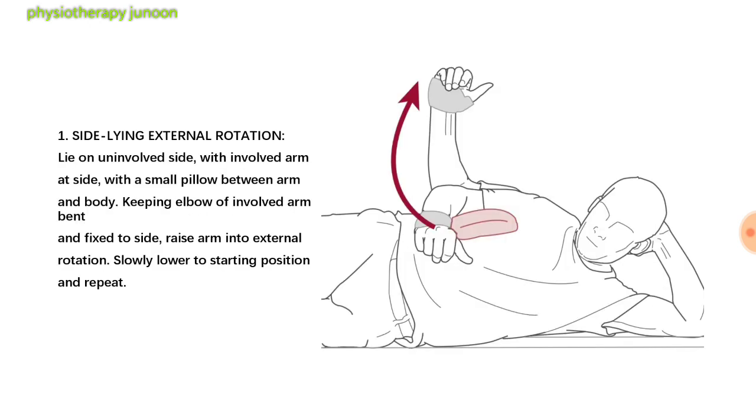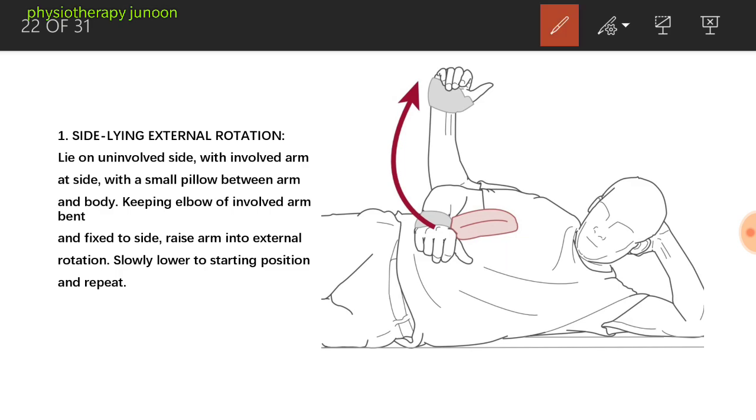Here are some exercises, like side-lying external rotation: lying on the uninvolved side, the involved arm at the side with a small pillow between arm and body, keeping the elbow of the involved arm bent and fixed to the side, raise the arm into external rotation, slowly lower to the starting position and repeat. Here this word slowly is very important.